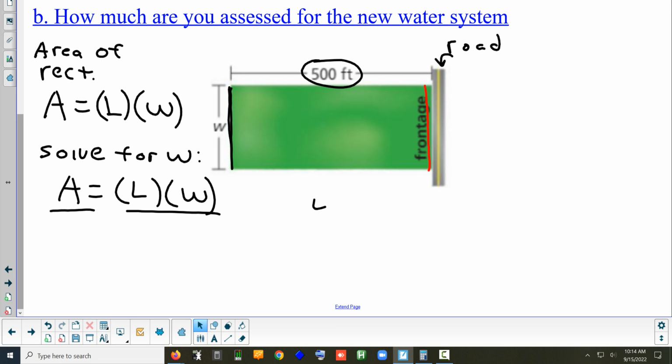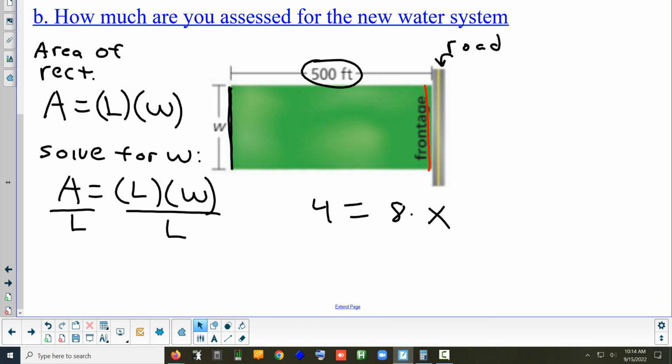Pretend like it was a number. 4 equals 8 times X. In our case, the A and the L aren't numbers yet. But it's the same idea. If you want to get this thing alone, you divide by what's in front of it. So if I wanted to get the X alone, I would divide by what's in front of it. I would divide each side by 8. So in our case, as Sean said, divide by L.